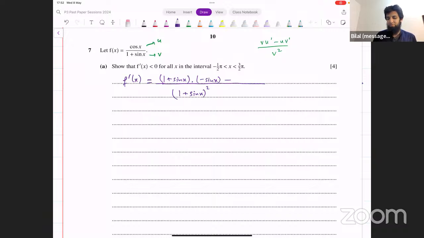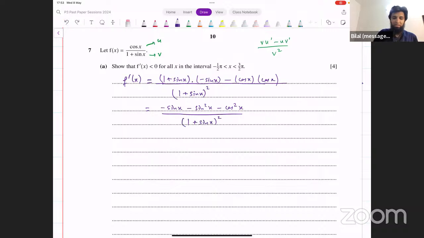Subtract from this u as it is, that means cos of x, into the derivative of 1 plus sine x. What will that be? Derivative of 1 is 0, derivative of sine is cos, so it becomes cos of x. This is what we get. Now let's simplify everything. Minus sine x minus sine square x minus cos square x, right? This is what we get in the numerator, and we have 1 plus sine x whole squared in the denominator.